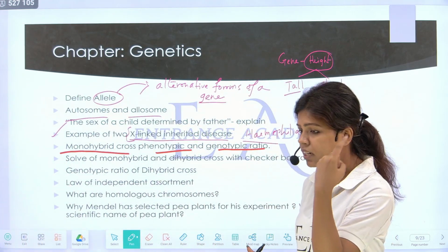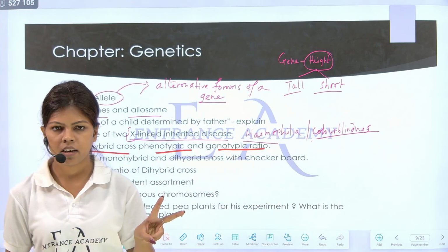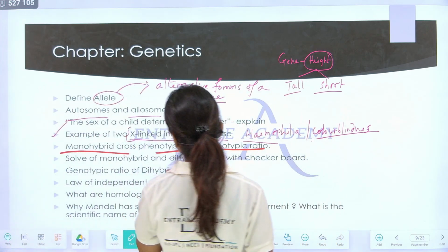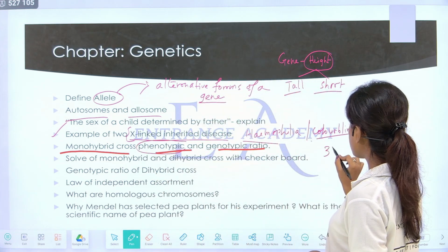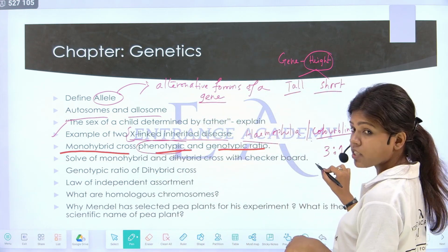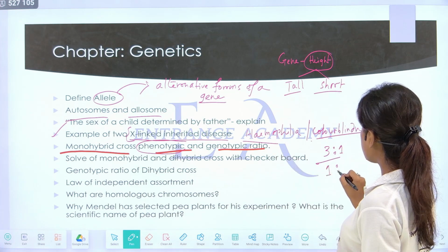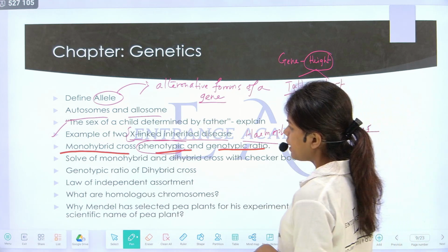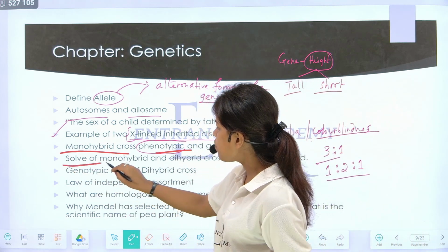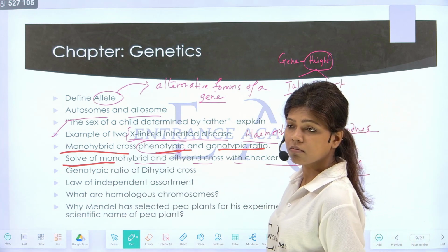So here we are considering one character, that is the height, and one character means two alleles. The phenotypic ratio of the monohybrid cross is 3:1 and it is constant, and the genotypic ratio is 1:2:1. It is also constant.